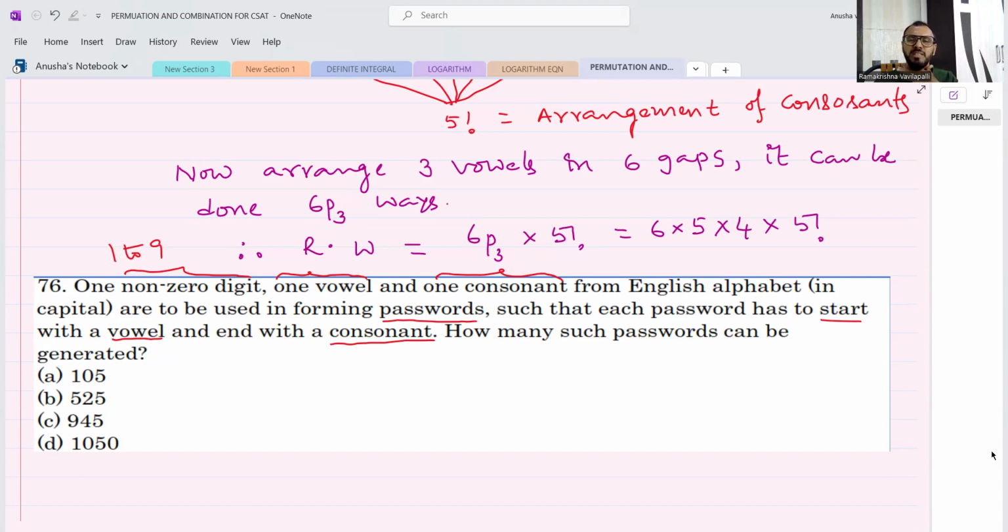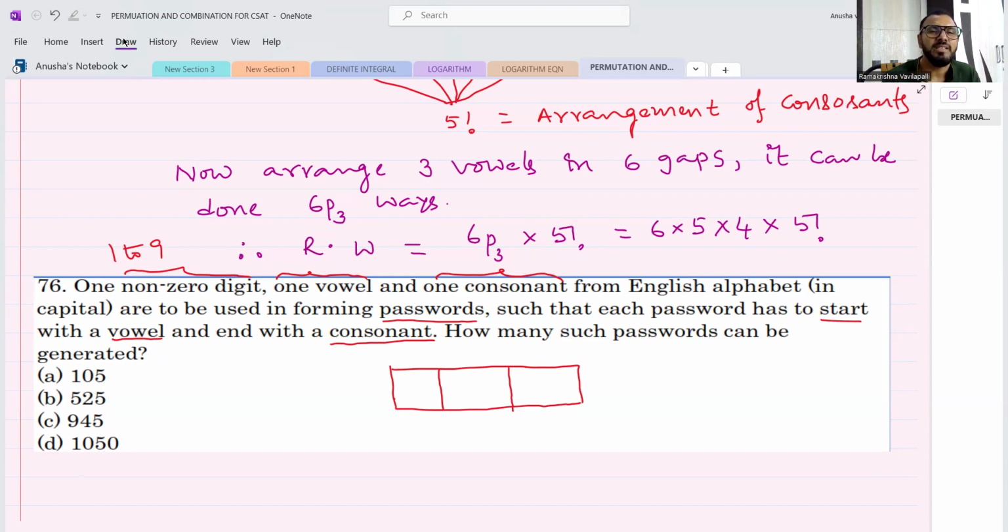So the password consists of only 3 characters, which means it is the process of filling 3 boxes, where the first box must contain a vowel, the last box should contain a consonant, and the middle one must be a non-zero digit.